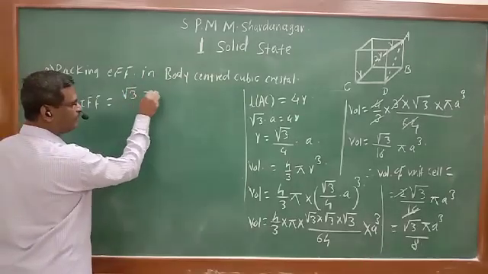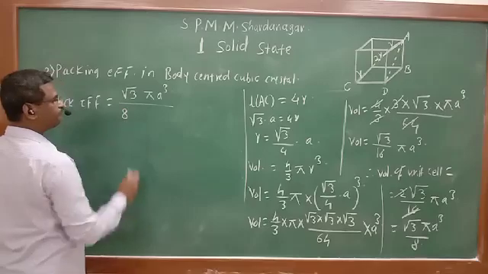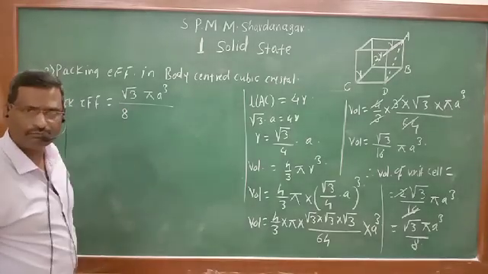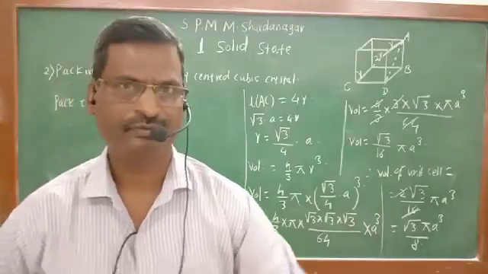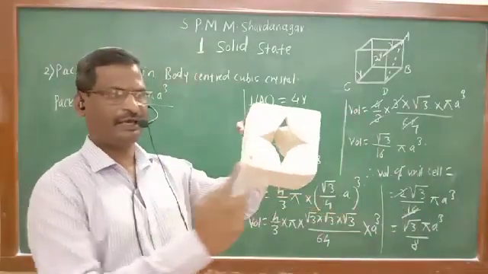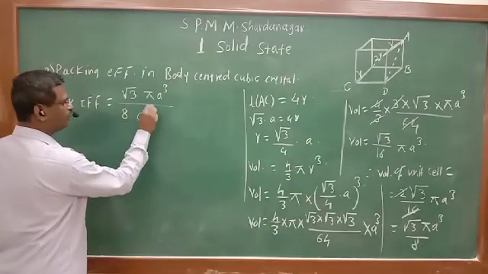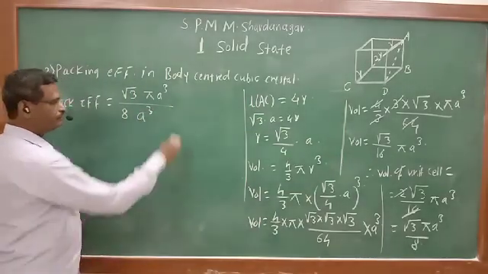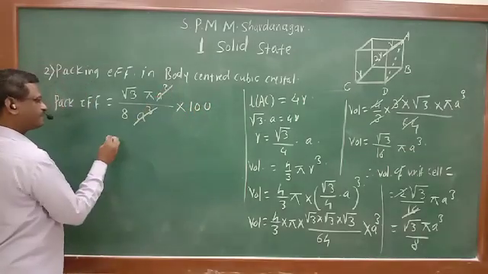Square root of 3 pi a cube divided by 8 divided by total volume. What is the total volume? We know, simple. This is a cube. A means total volume is a cube multiplied by 100. Again a cube cancelled.